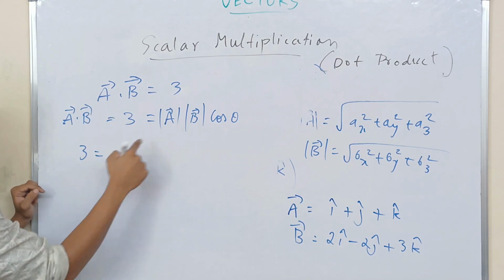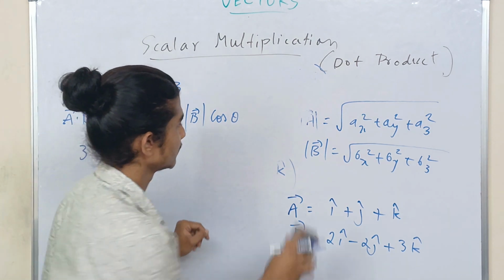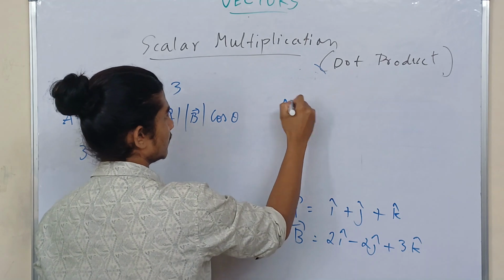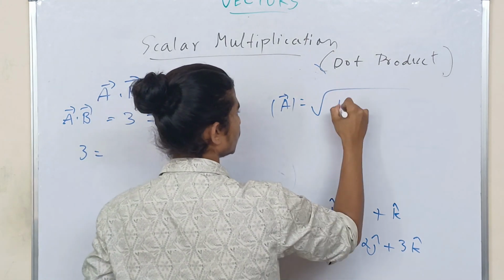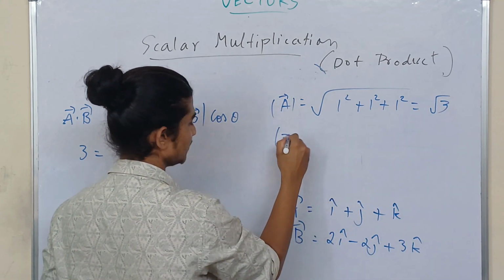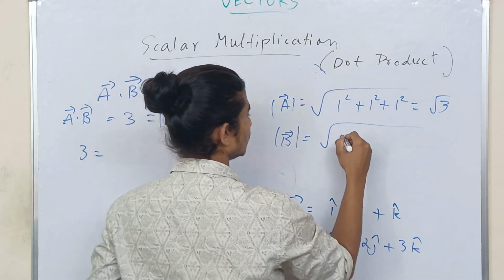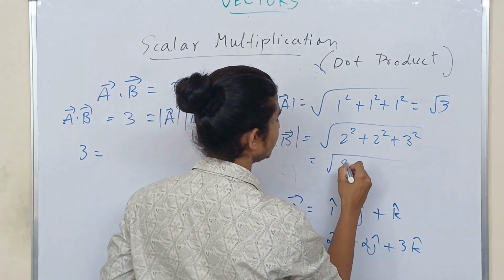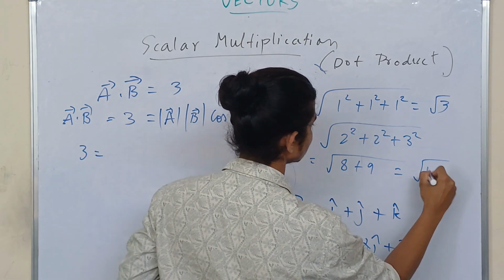So 3 is equal to, what is the magnitude of a? Let us find the magnitude of a. So magnitude of a is going to be square root of 1 square plus 1 square plus 1 square, which is root 3. Whereas magnitude of b is going to be square root of 2 square plus 2 square plus 3 square, which is 4 plus 4 plus 9, equal to root of 17.